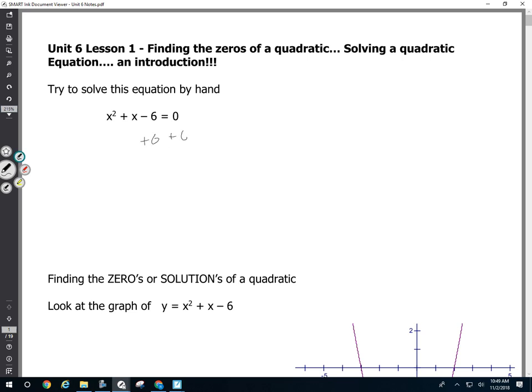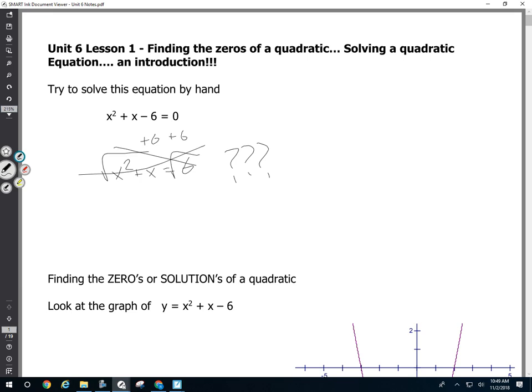Yeah, we add 6 and we get x squared plus x equals 6, but it's like, man, I got 2 x's there. Square root both sides, maybe? No, you can't do it.